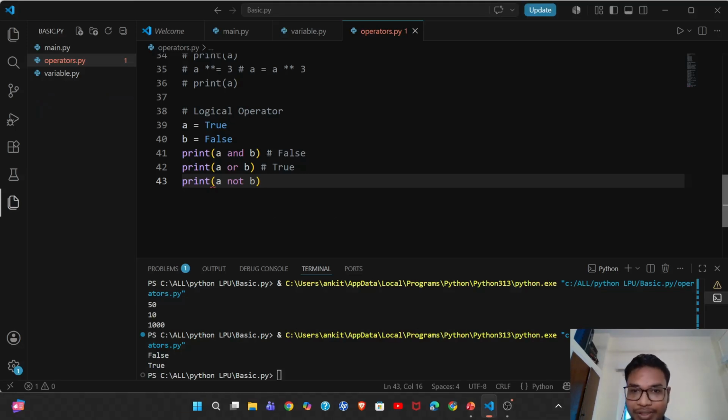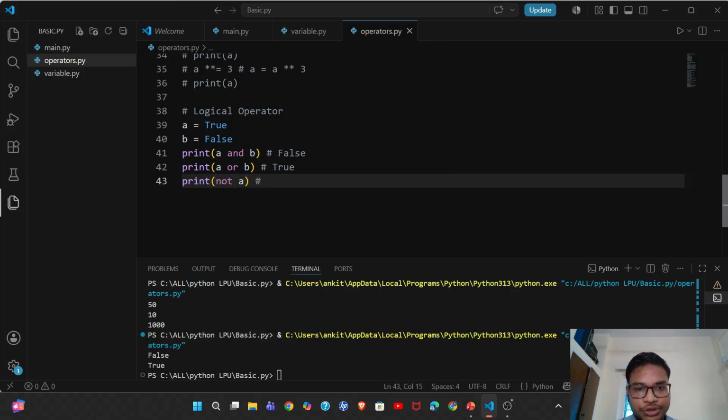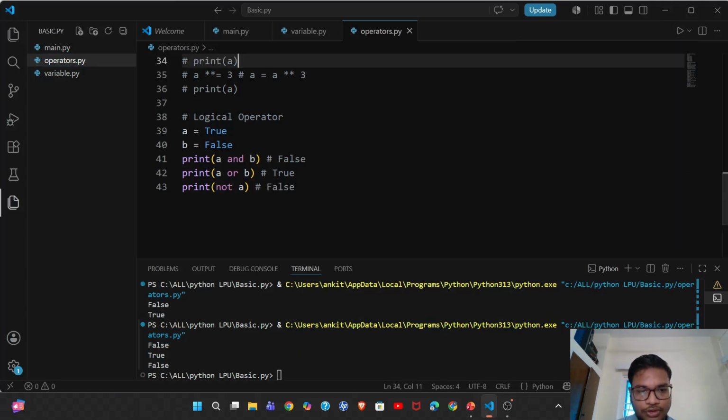The not operator works on a single value, so we only deal with the one. That's not A. And A is true, so the output is false. What is the output? Just false. Correct.